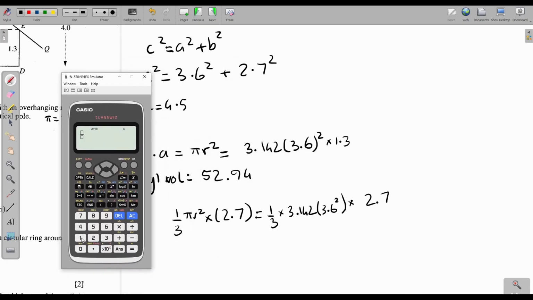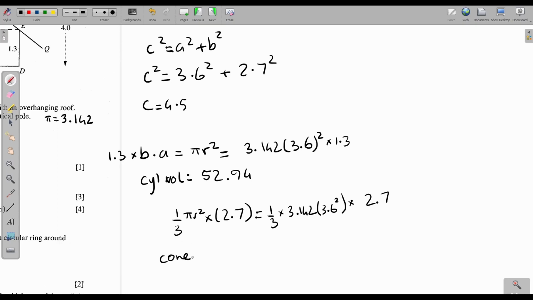We can do 1 over 3 into 3.142 into 3.6 squared into 2.7. That gives us 36.65.